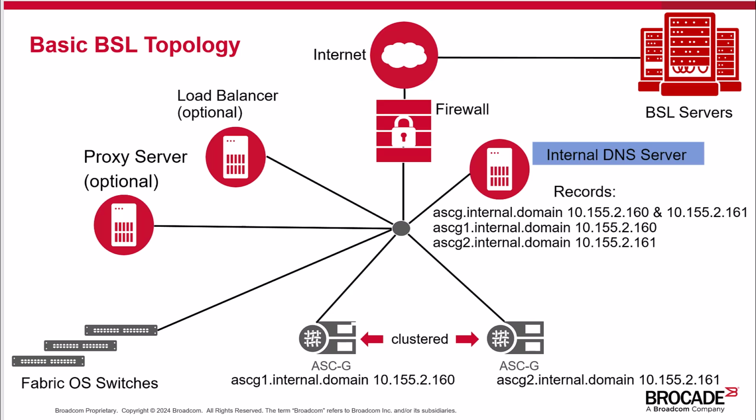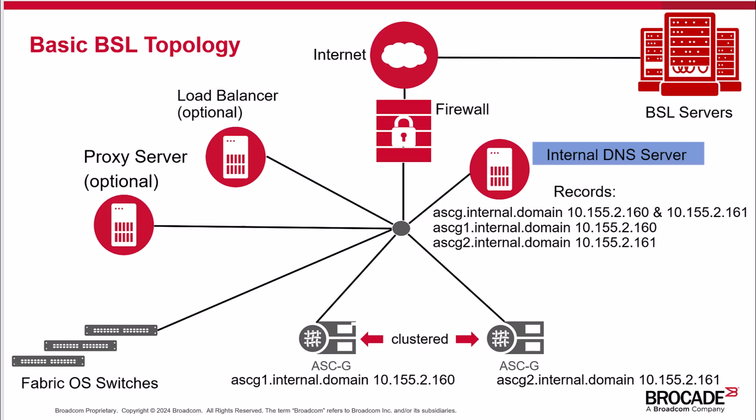You would need to have individual A records for each of the gateways so that they can communicate with each other. And then you would create what's called a common DNS record, and you would have both IPs of both gateways associated with that domain. That would be the domain that the switches would try to reach, and the internal DNS server would then round robin the request to the individual gateways.